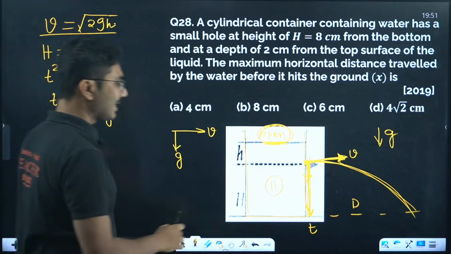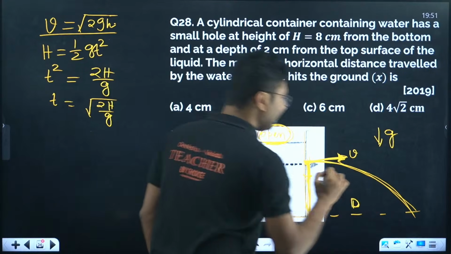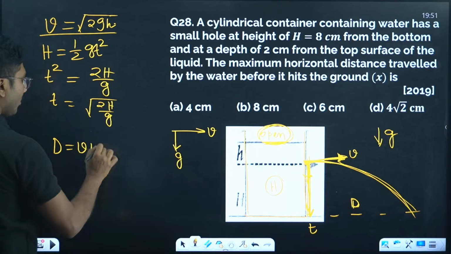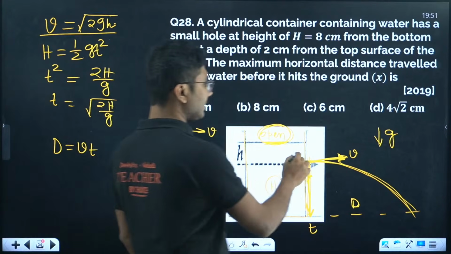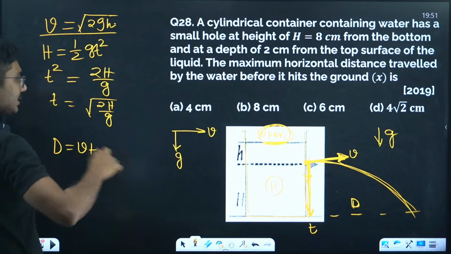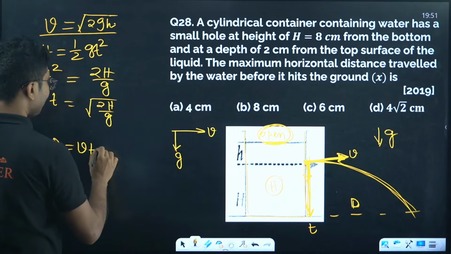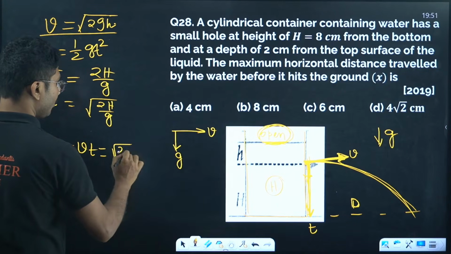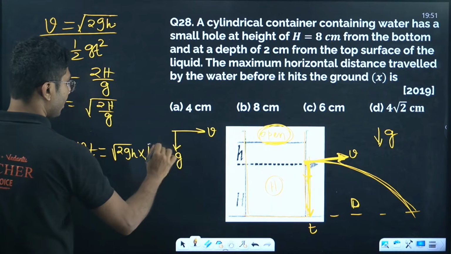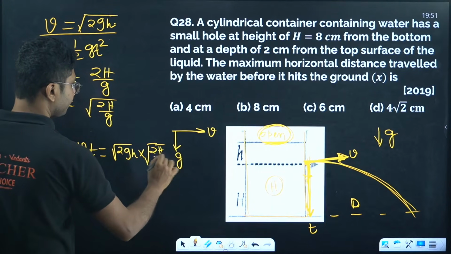Okay, now what is this distance? This distance d will be velocity into time. Now because there is no acceleration in this direction, only constant velocity, so velocity into time is the distance traveled. So what is the velocity? Velocity is square root of 2gh, and it will be square root of 2h by g.